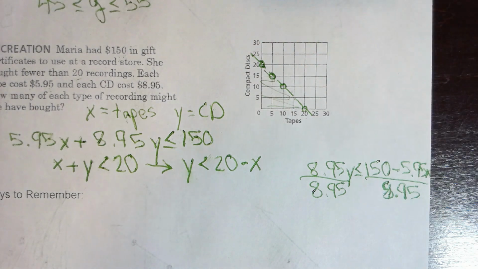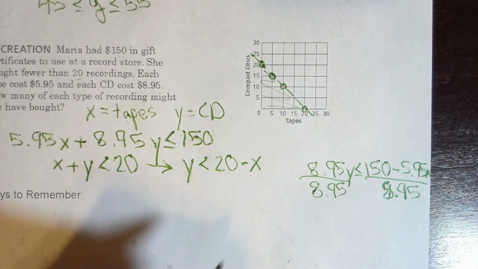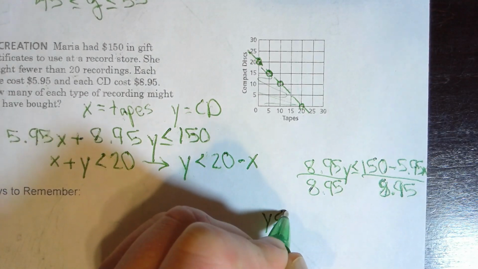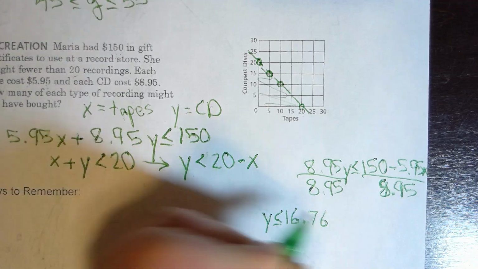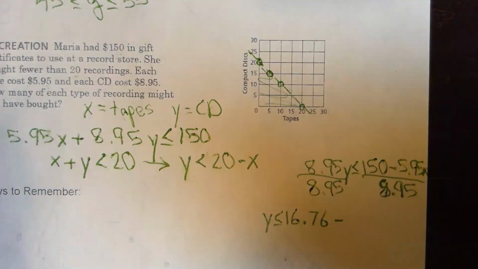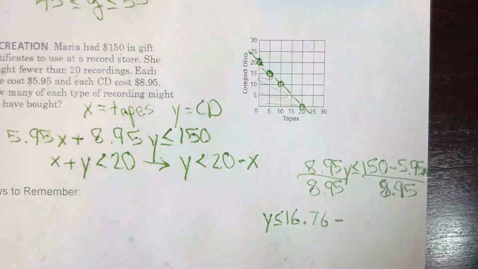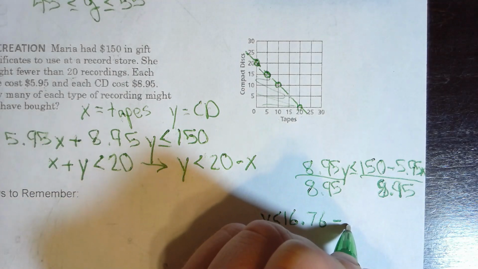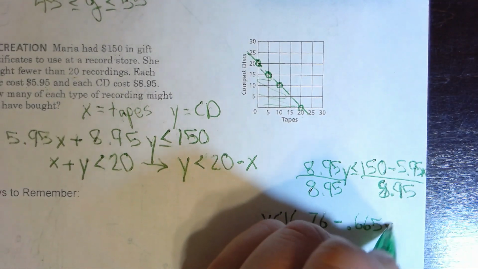Okay, so we've got 150 divided by 8.95. That is a really annoying number, but let's call that less than or equal to 16.76 minus, what is 5.95 divided by 8.95? Well, let's just call that 0.665x.